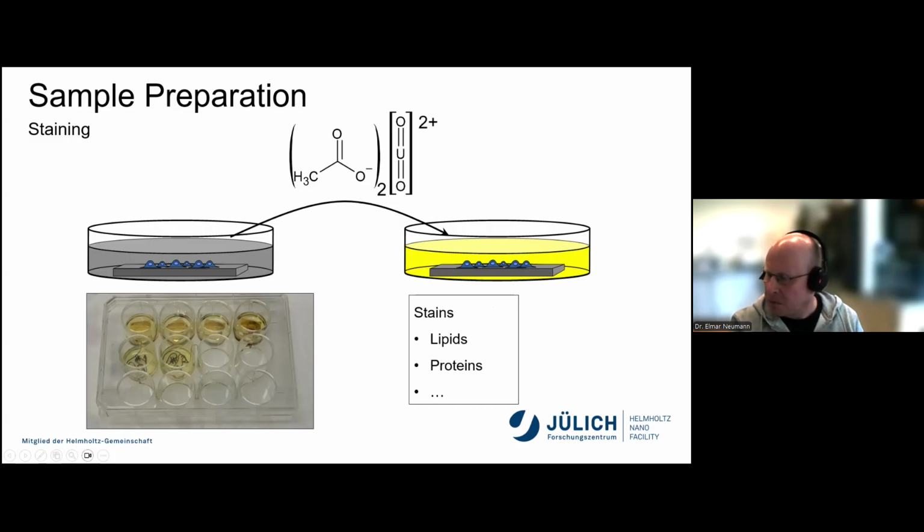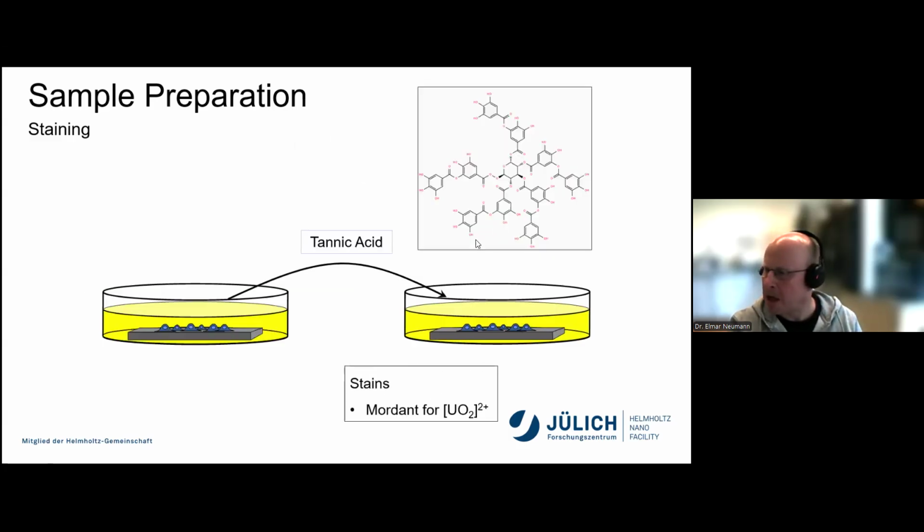Then this liquid becomes some yellowish color. After that, we add some tannic acid. This tannic acid is supposed to act as a mordant for the uranyl ion in order to improve the fixation of these ions to different structures in the cell.